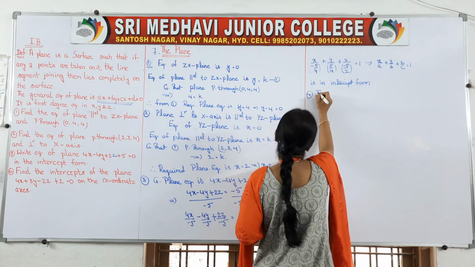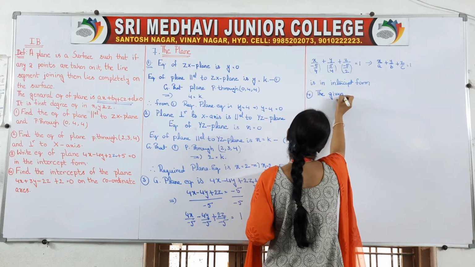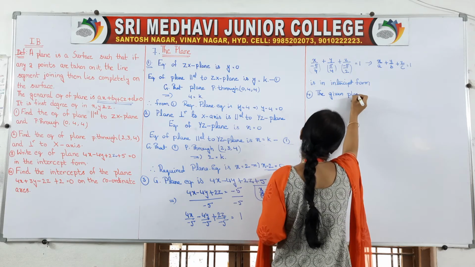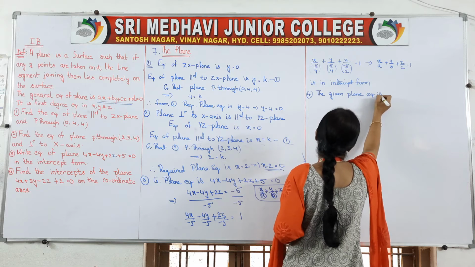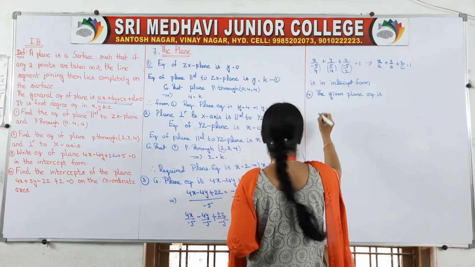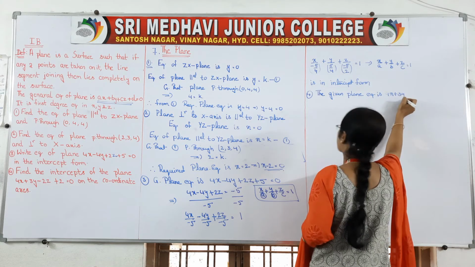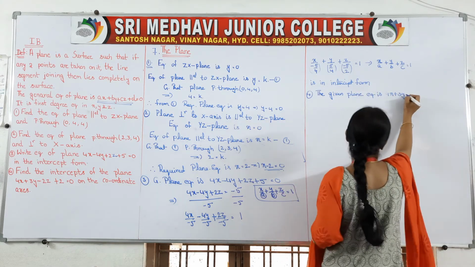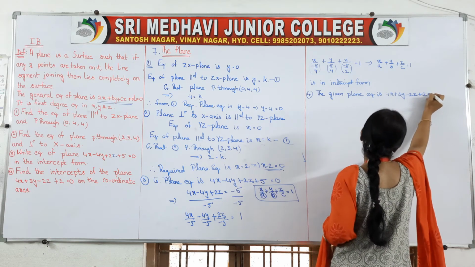The given plane equation is 4x plus 3y minus 2z plus 2 is equal to 0.